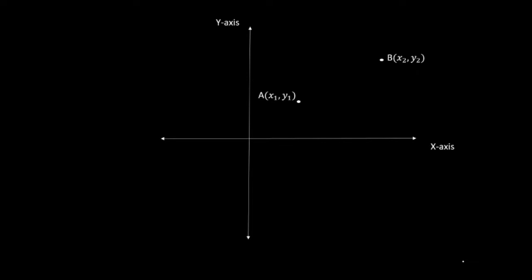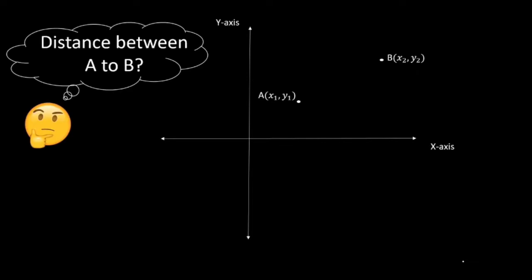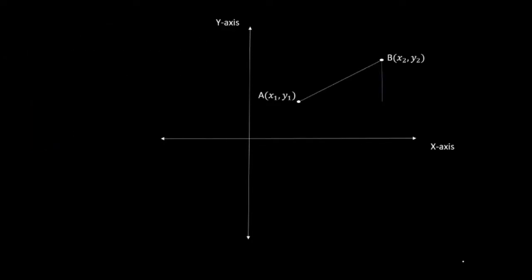Again the question is how to find the distance between points A and B. For that, we join points A and B and draw perpendiculars from point A and point B on the x-axis. Now if we draw the perpendicular AC on line B, we again get a right angle triangle at C. And we know that for a right angle triangle, we can apply the Pythagoras theorem.